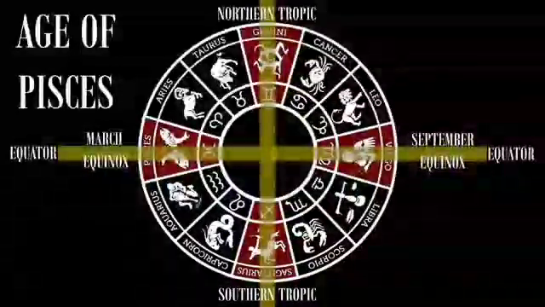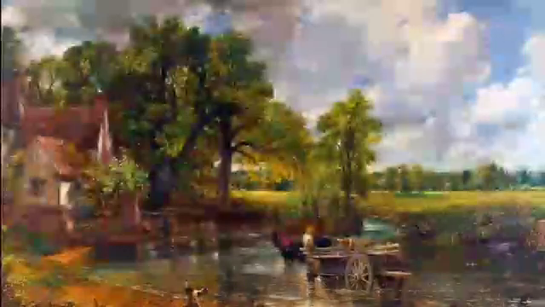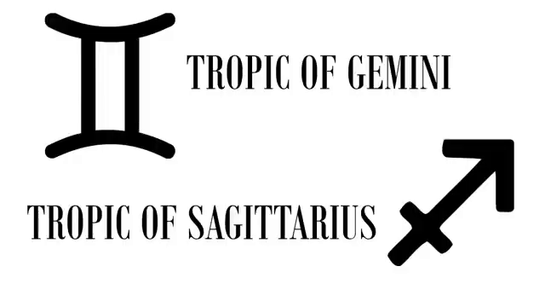Wikipedia and other mainstream narratives of deception tell us that our ancient historical ancestors of horse and cart and copper chisels named these circles of latitude in the times of BC, and no one in the course of history that followed bothered to change the names of the tropics to their accurate designation. We are in the age of Pisces, and have been for over 2,000 years. The circles of latitude should be called the Tropic of Gemini and the Tropic of Sagittarius.